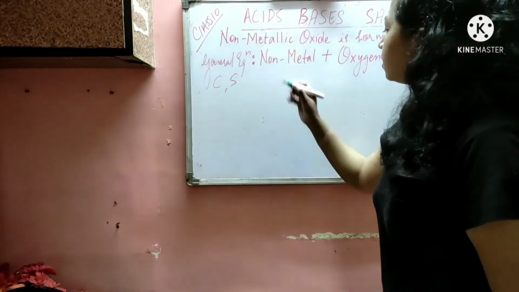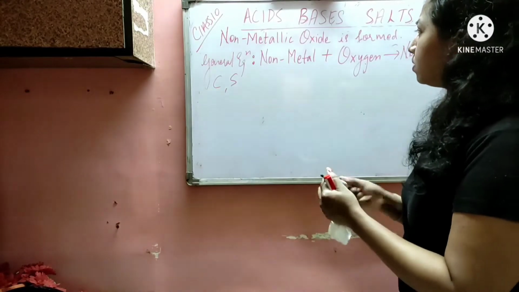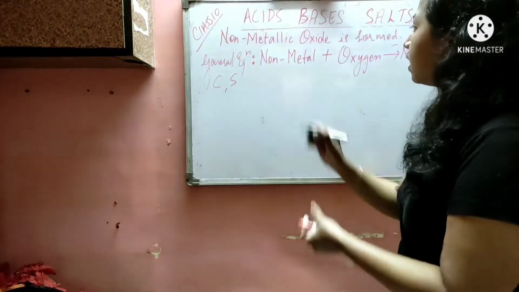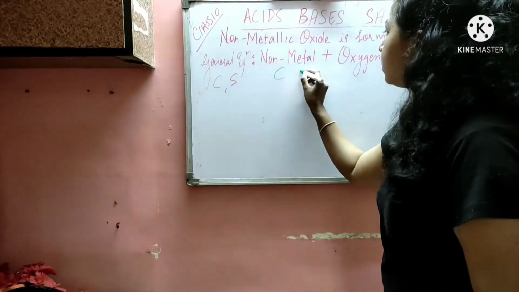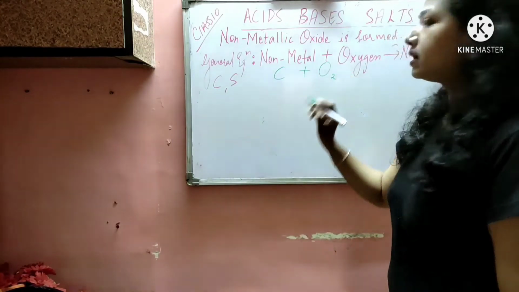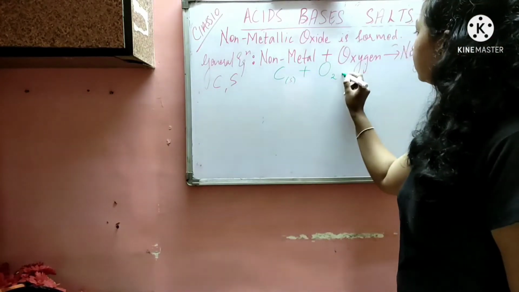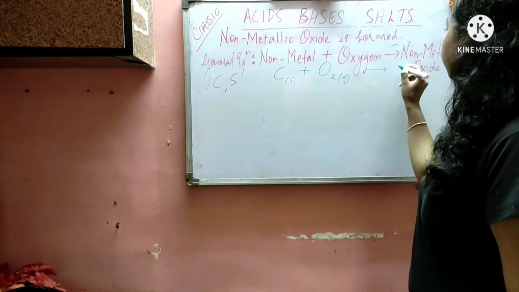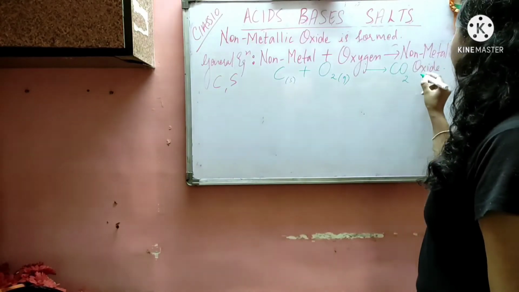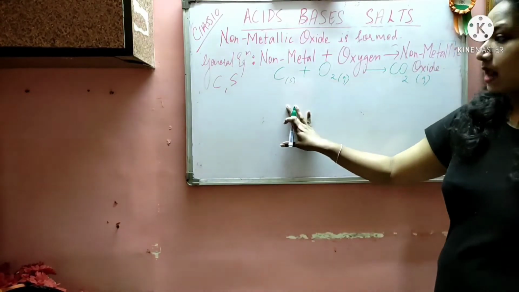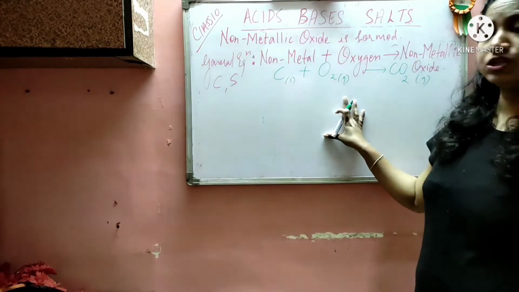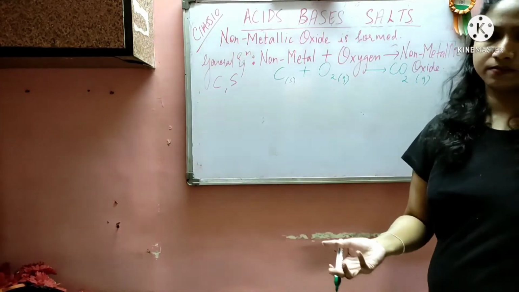Let's see the examples. Okay, now carbon when it reacts with oxygen. Carbon is what, guys? It's solid. Okay, what you get is carbon dioxide.